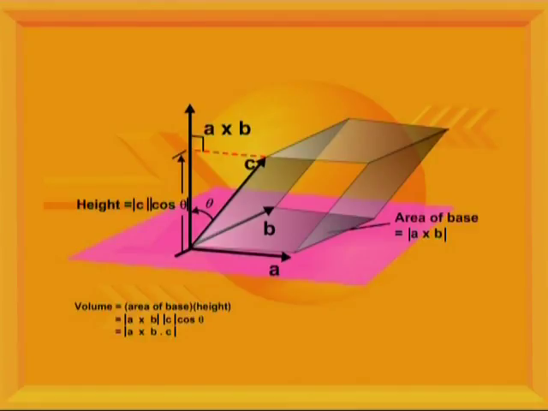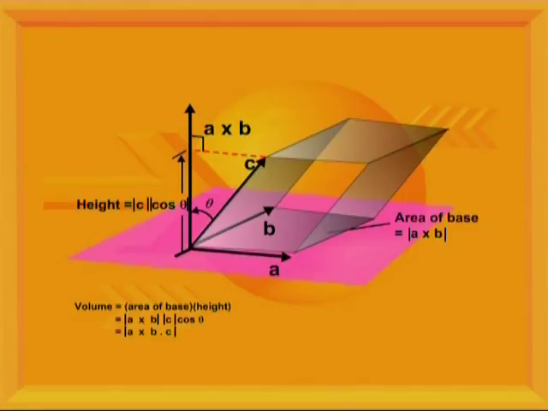we are interested to find A cross B and then dot C. You see here that, as we have discussed in our previous lecture, A cross B is the area of the parallelogram, the area of the base, and if we multiply this vector by C scalarly, then we will be getting the magnitude of A cross B into magnitude of C into cosine of theta.